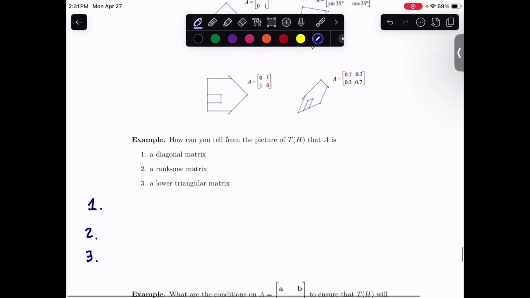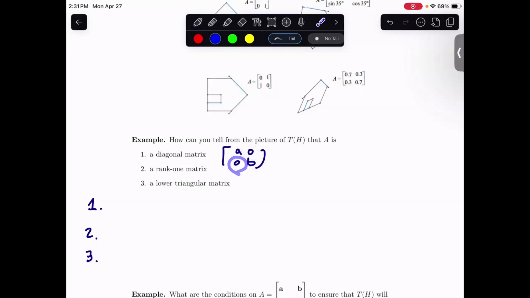If you have a diagonal matrix, i.e. a matrix of the form where you have A and B on the diagonal, I'm not going to use lambda because I've been using lambda a lot. What this is saying is you're really just scaling your X value by A and your Y value by B without really rotating anything.